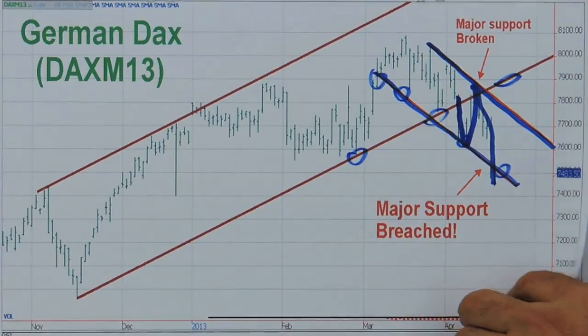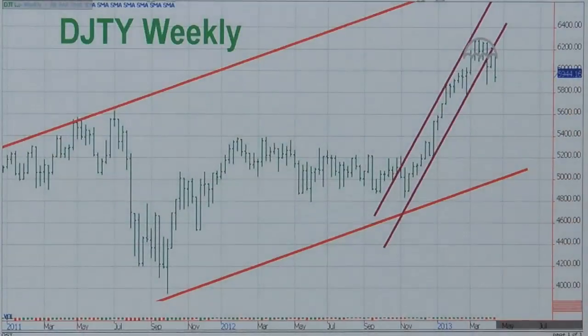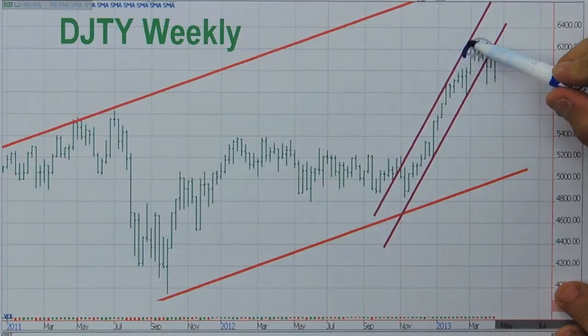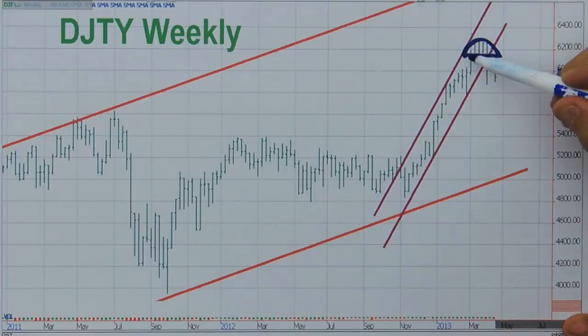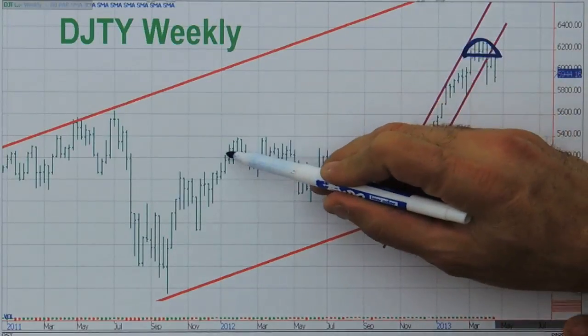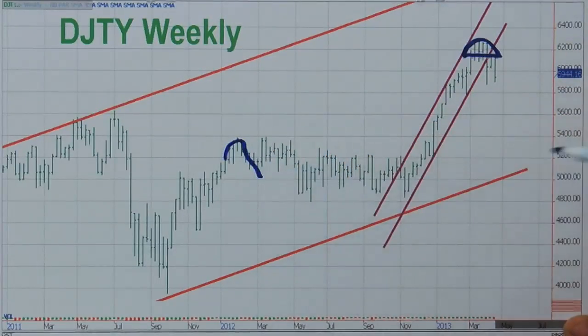Now we are going to step this out a little bit and start to look at some weekly charts. Traders, I showed you all of those charts plus this chart you're looking at now in my class just a day and a half ago, our latest YouTube video. In that class, I put this little rounding top tool right here on, and I said, look, traders, I am not sure what's going on, but this is getting to be slightly rounded like this little round guy here, and it gave us a little dump.